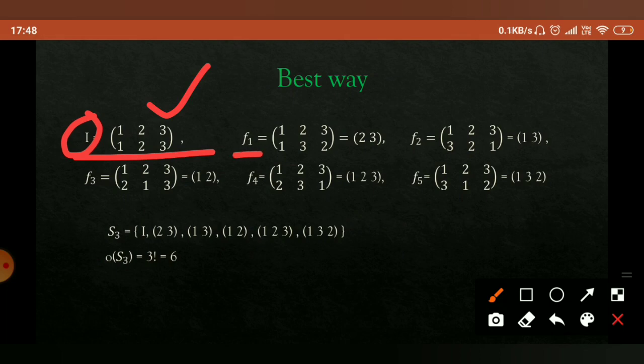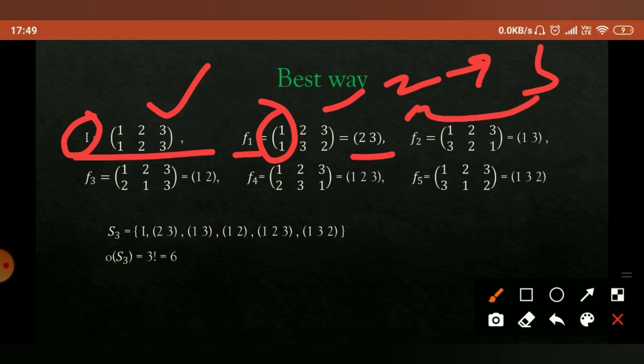Next, for the next one we can write a cyclic permutation, in which the element which is fixed, which has its own image as itself, is not mentioned in the cyclic permutation. Only the elements which are changing are written in a cyclic permutation. Like here, the image of 2 is 3 and the image of 3 is 2.